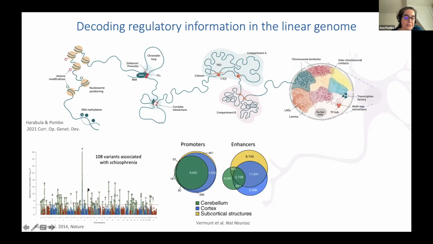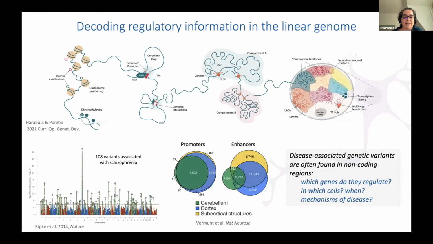And so if we want to understand the variants, we need to study and understand the folding of chromatin and all the epigenetic layers, but also be sure to analyze the cell type where this particular mutation may have its role by altering the mechanism that we want to discover. So the major questions that guide our work and many colleagues in the field is really to understand which genes are regulated by which elements in the genome, in which cells this regulation is occurring, when exactly, and aiding our understanding of mechanisms of development, but in particular also mechanisms of disease.